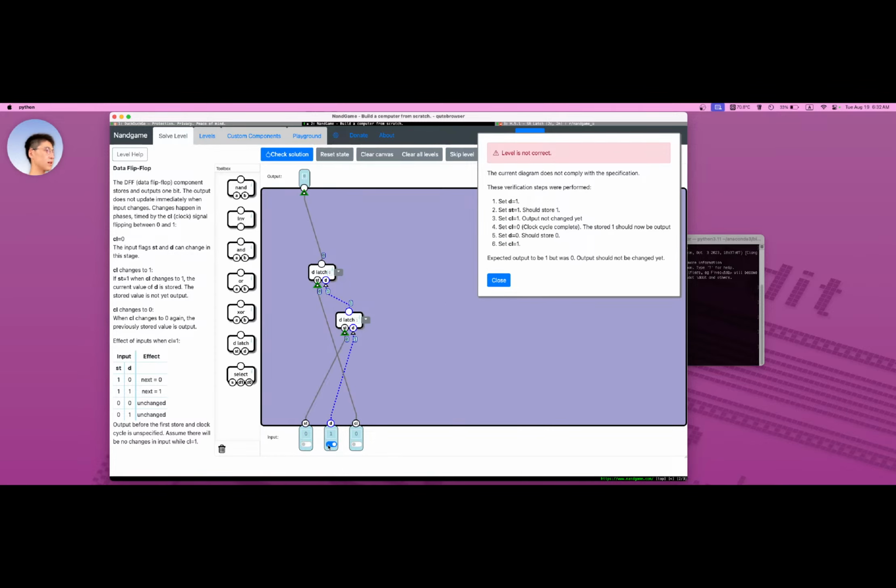Okay, set D to 1, set ST to 1, should store a 1, we have a 1, clock is 1. Okay, here, see, when clock is 1, we should not output. Maybe let's put clock to here.